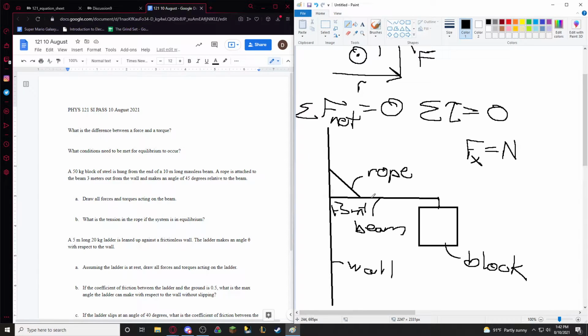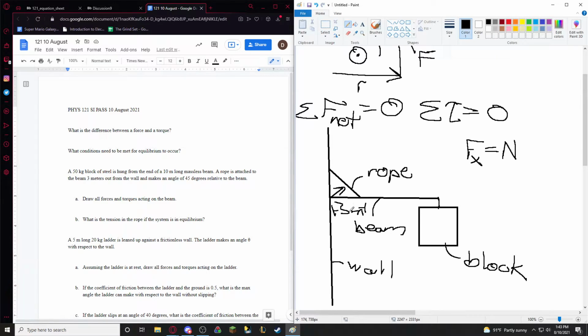Any force in the y direction? I mean, there might be. There's a hinge force, basically, since there's got to be some sort of force, going more at a 45-degree angle from that point to the right, like a hinge force almost.